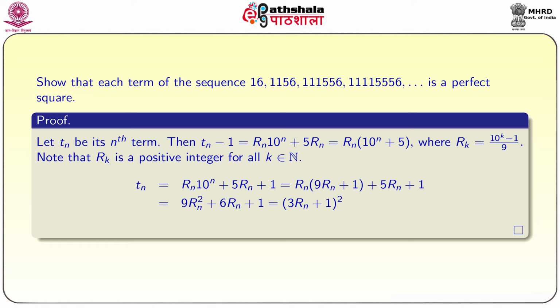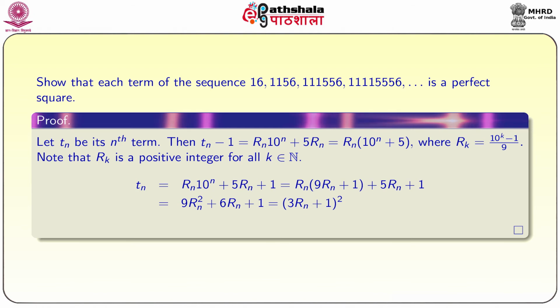One can easily calculate that if you evaluate R_k, you will get all ones, k times. So, this is called a repunit, a repeated unit. All the digits in that number are ones. Note that R_k is a positive integer as well as all its digits are 1. So, this is the same as the numbers which we used in the previous example.